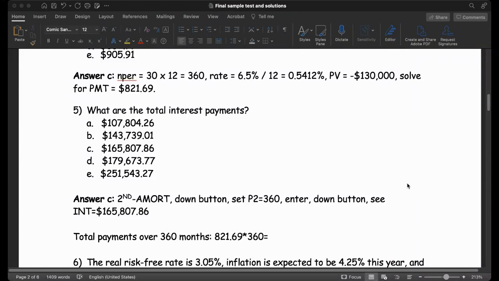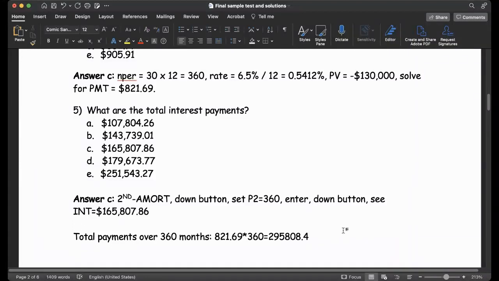Let me pull out my financial calculator. This number should be 295,808.4.